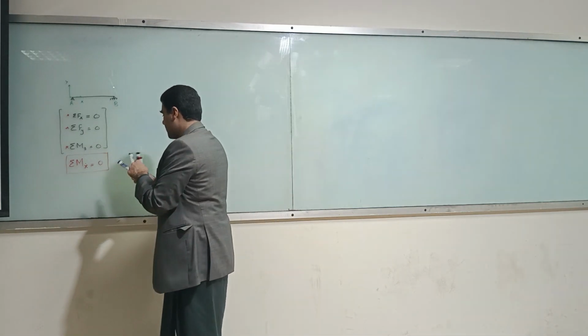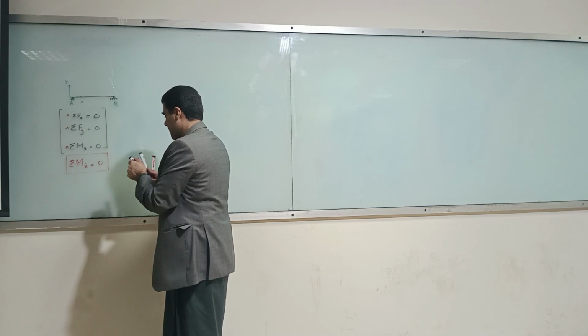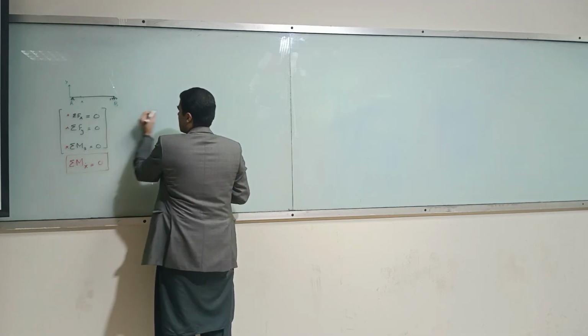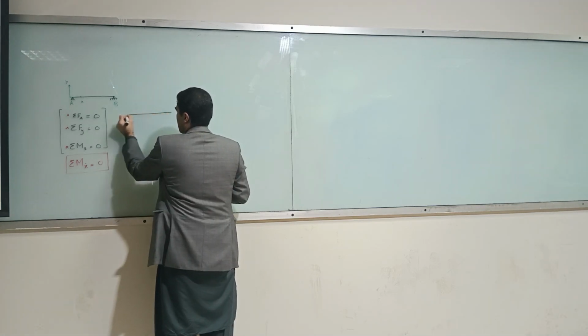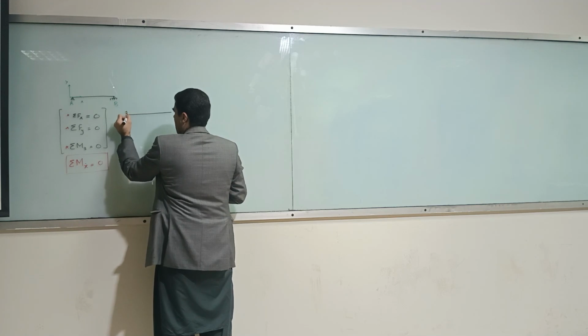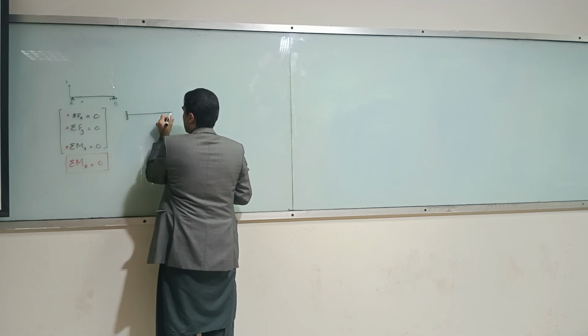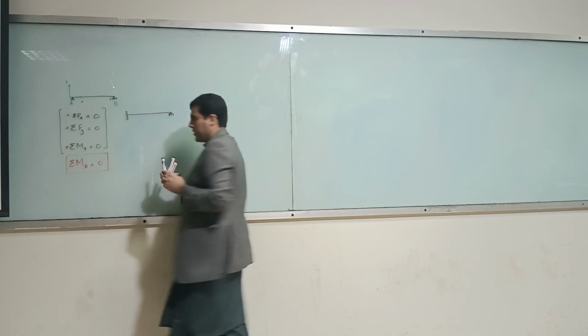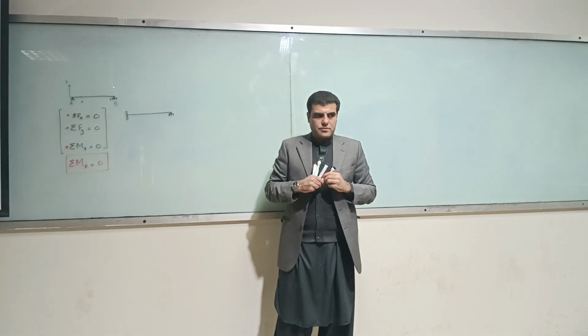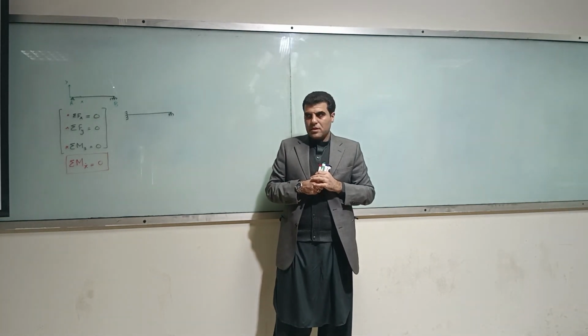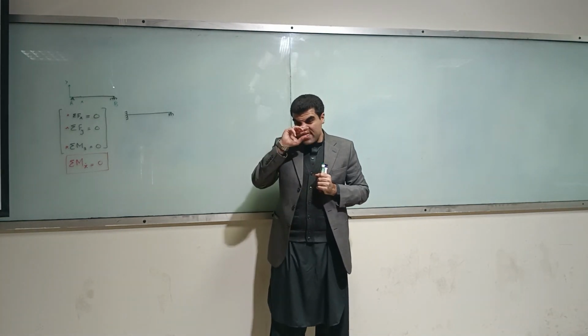What will happen if you have got a structure which looks like this? This is indeterminate. Why is this indeterminate?